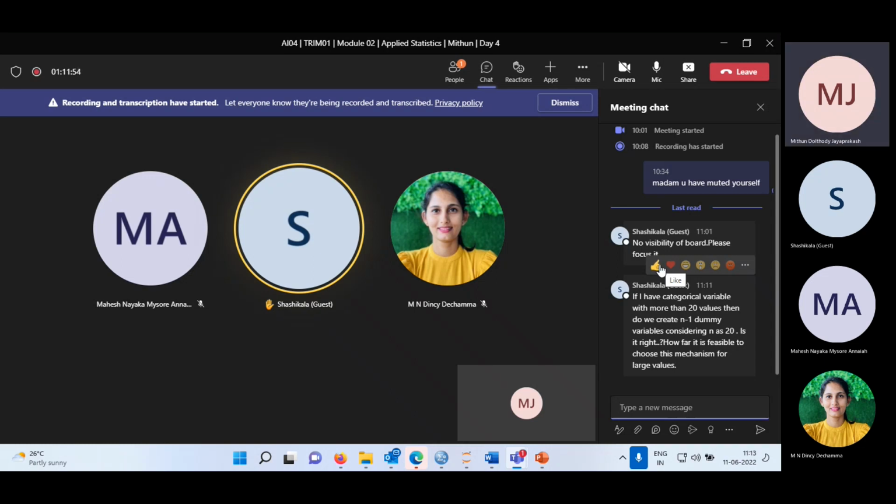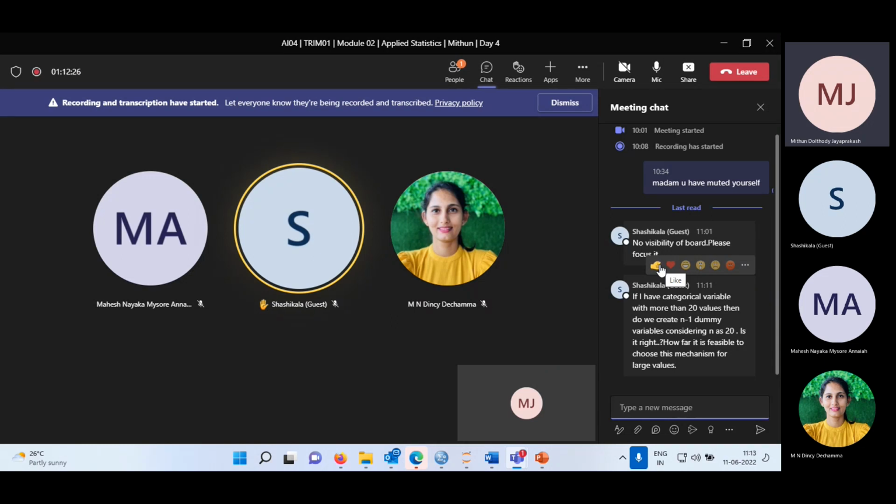R square is between 0 and 1, because you're squaring it, right? We actually quote it as percentages. With decimals and all, convert it into percentage, very simple. At least 70%, yeah.